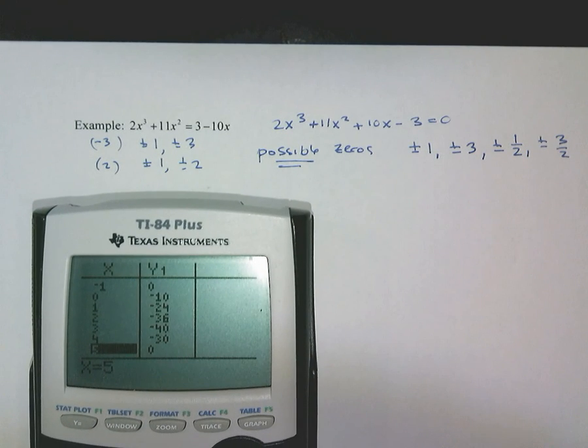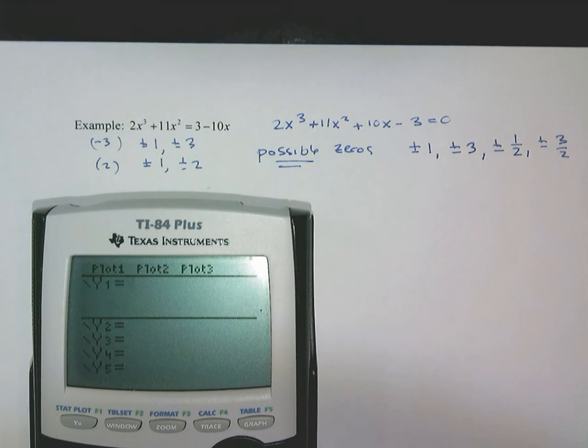I'm going to type in this equation: 2x cubed plus 11x squared plus 10x minus 3. And I always double check it. And I'm just going to go ahead and graph it.